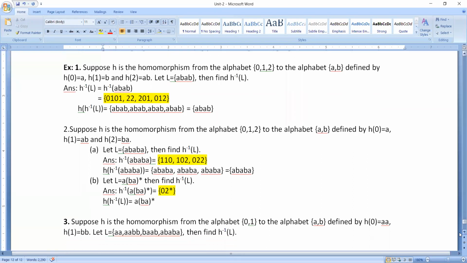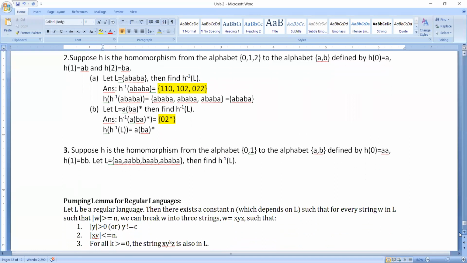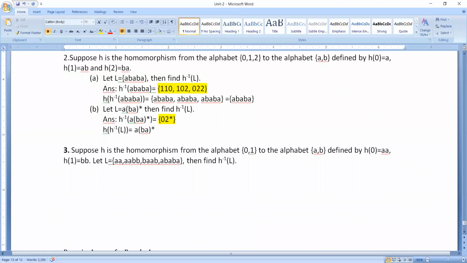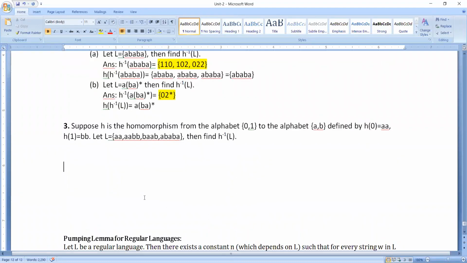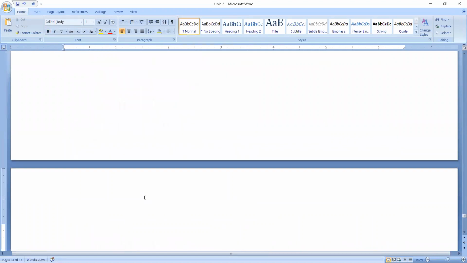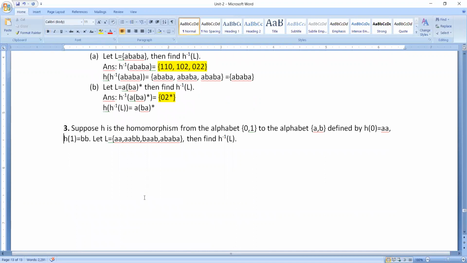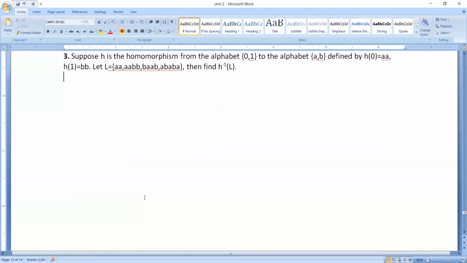Right, then let's go ahead with one more example so that you can become familiar with inverse homomorphism. Let's try to find the answer. We need to find H inverse of this language.